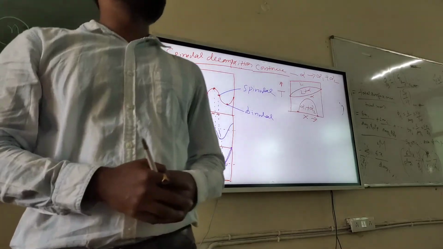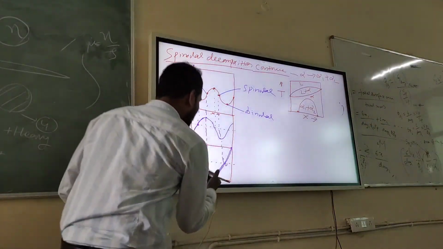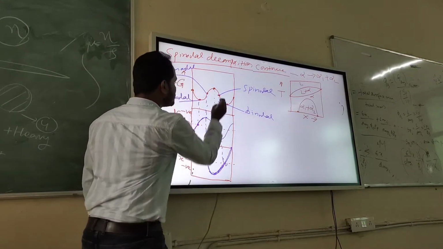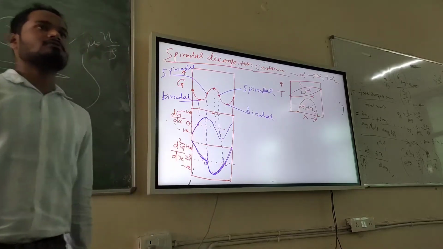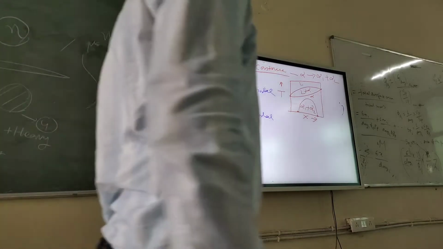D square G by dx square inside the region will be negative. Very good, negative, because it is going downward in the negative direction. This is positive, this is negative direction. You can simply write these two points. So for a spinodal point, d square G by dx square is 0, and d square G by dx square is negative for the spinodal region. These 2 points you can write.